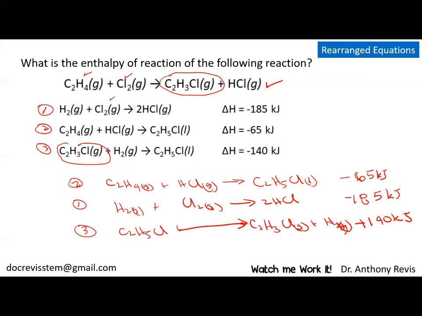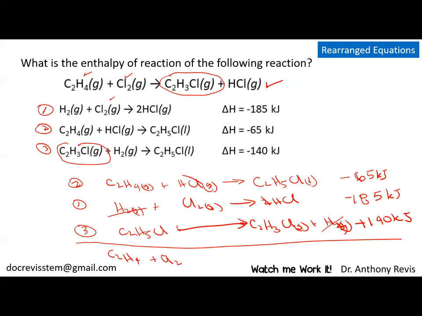And so now what I'm going to do is look to see what's common that I can cancel out. I can cancel out one of these HCl's. You crisscross cancel, okay? I also see I have hydrogen here that can cancel with hydrogen there. And when I cancel those out, I draw a line and draw what's left: C2H4 plus Cl2.